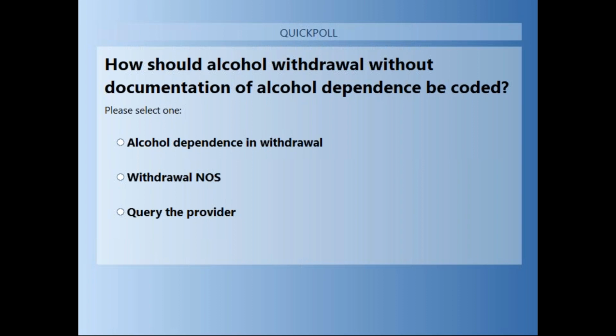So I think people are thinking. We've got responses slowly trickling in. It certainly seems like this is a difficult topic. I think we're going to have some great discussion. So if you've got a group of people in a room, what do you think? How should alcohol withdrawal without documentation of alcohol dependence be coded?